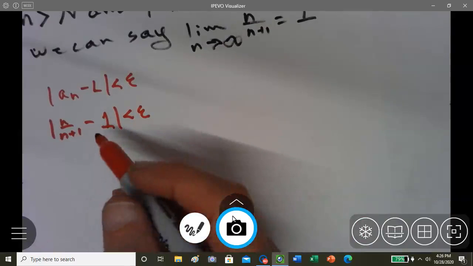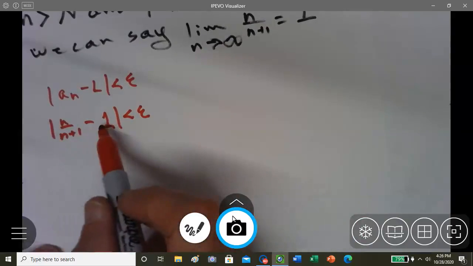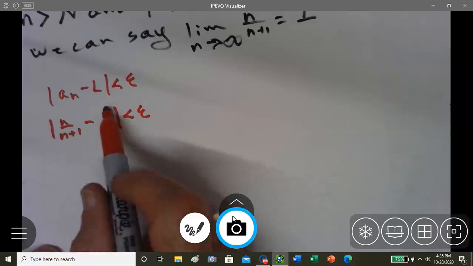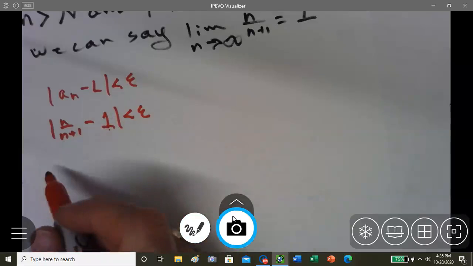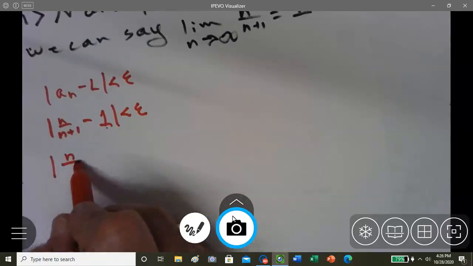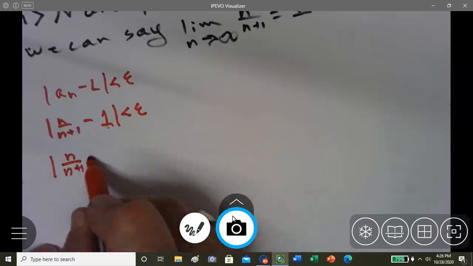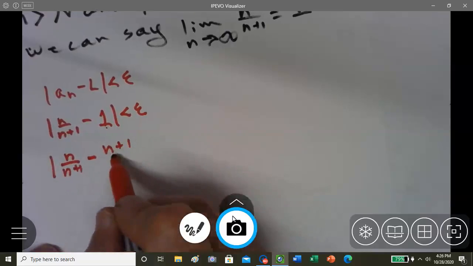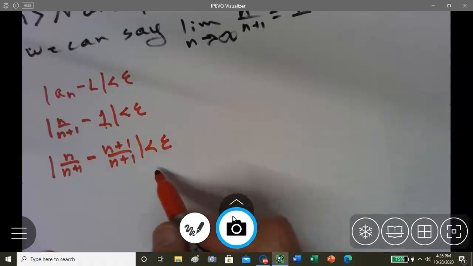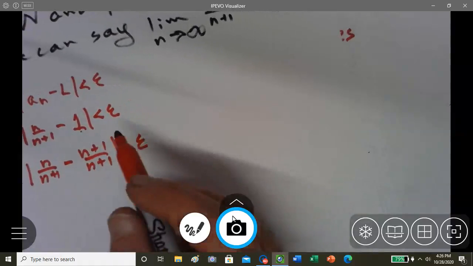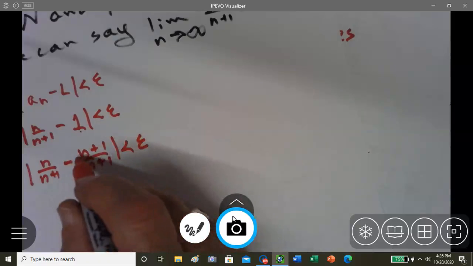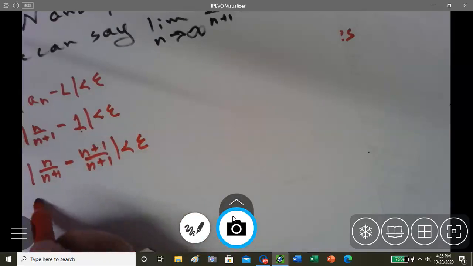Okay, so from here, what we want to do is combine these terms. So we need a common denominator, which is n plus 1. So we're going to write n plus 1 over n plus 1. So this would be the absolute value of n over n plus 1 minus n plus 1 over n plus 1, and that's all less than epsilon. From here, we distribute that negative because the negative has to go into the entire numerator.